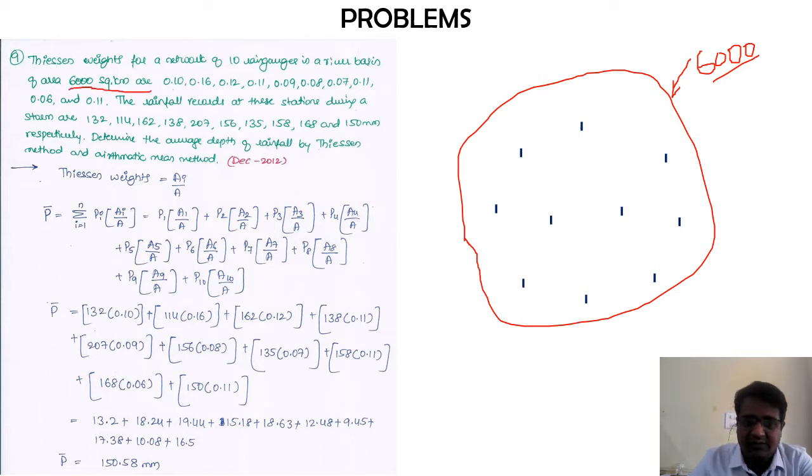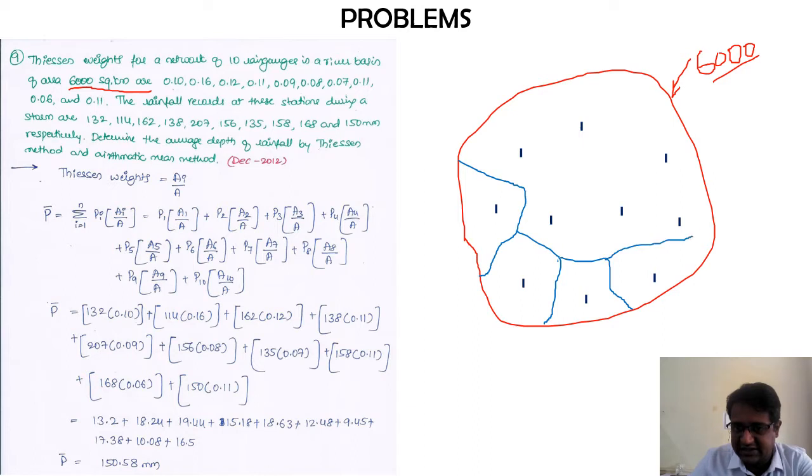If you want to determine the mean precipitation of this entire catchment area, then you need to determine individually the effective area for each of these rain gauge stations. Only then will you be able to determine the average precipitation. So your work should be something like this: you should get an effective area for each of these rain gauge stations.